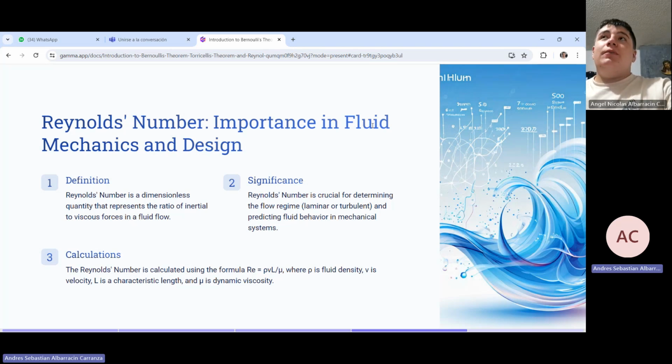This mu is the dynamic viscosity of the fluid. So when talking about this, we have to take into account the dynamic viscosity. If we have different fluids, we have to analyze all of them in order to get as much information as possible. Also, we have to have the flow rate equations, formulas, and also the continuity equation. So this is a lot of what we have here.